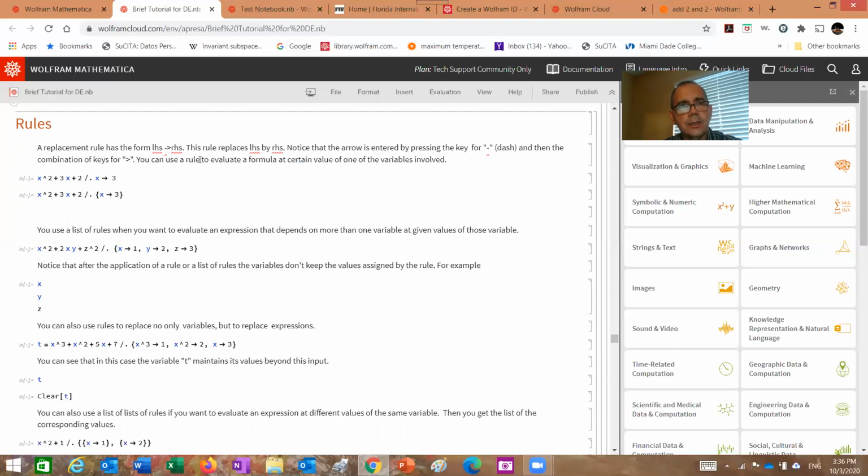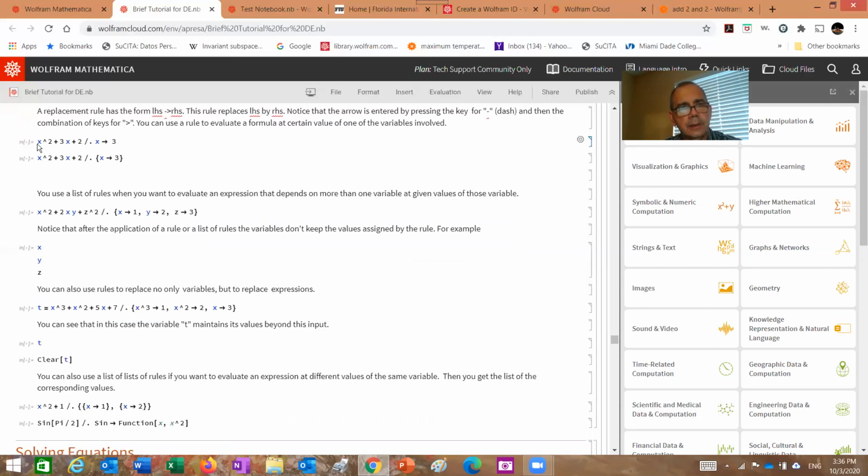Okay, you can use rules to evaluate formulas at certain values of one variable. For example, here, you have an expression x to the second plus 3x plus 2. And for that expression, you want to evaluate the x at 3 and see what you get. Well, one of the advantages of using a rule of replacement to do that is that x is not made equal to 3 permanently, only at that moment.